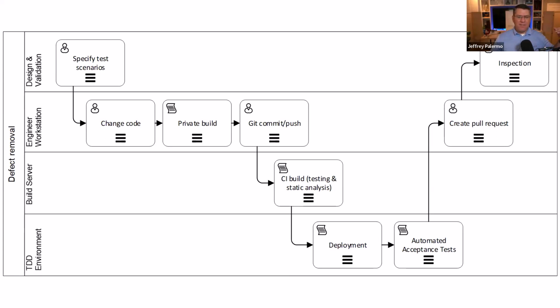If it's built from a feature branch, it's never going to go to production, but it needs to go to our first line test automation environment because we need to know that what we just did still deploys and still starts up. And so we will deploy it. Then we will run however many full system automated acceptance tests we have. Then we know that whatever I did on my feature branch was good, and I can create a pull request.